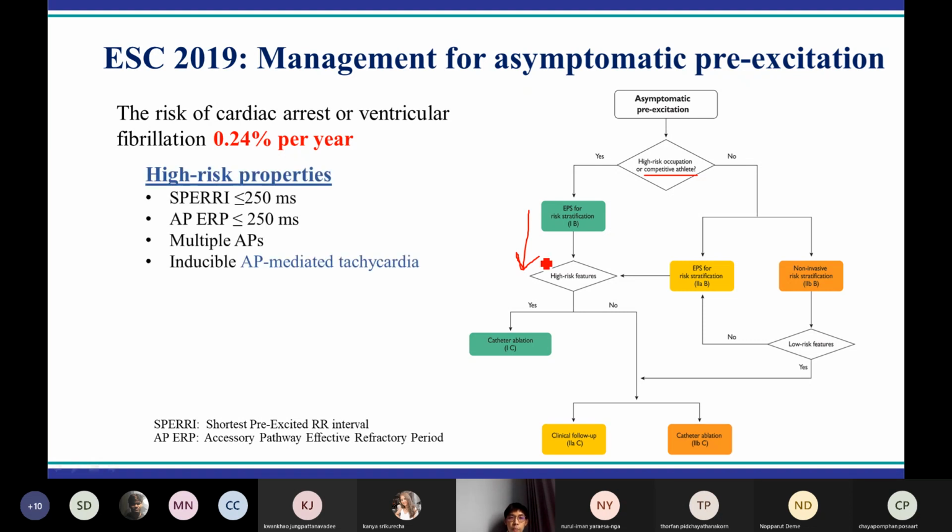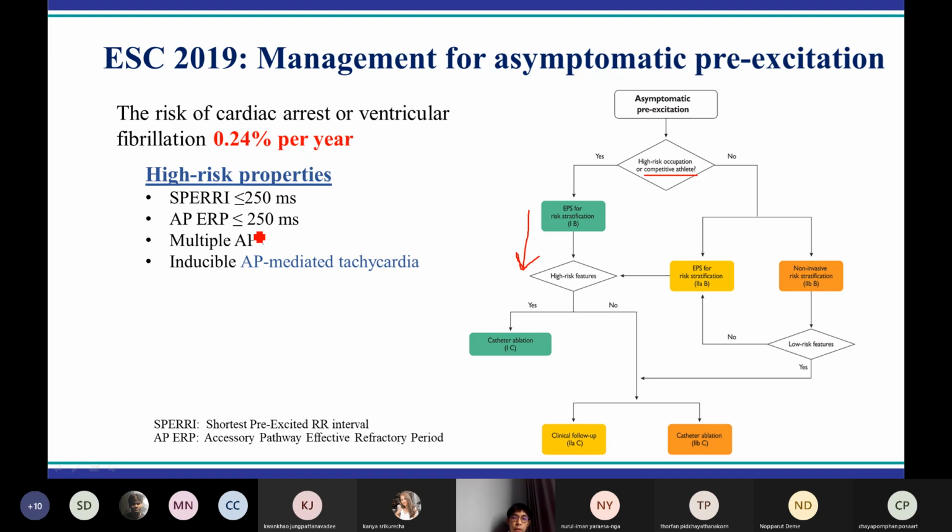What is the high-risk feature? The high-risk features are listed on the left side here. The SPERRI, the shortest pre-excited RR interval, is less than 250 milliseconds. The accessory pathway effective refractory period is less than 250 milliseconds.